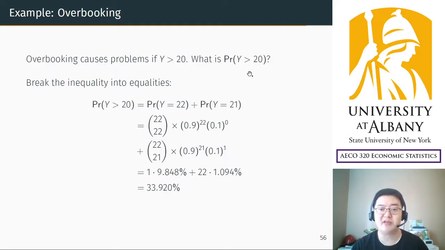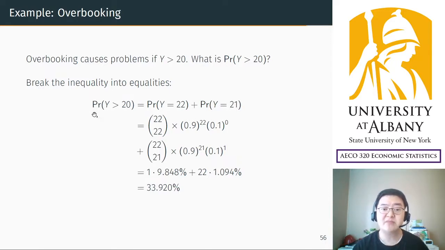What is the probability of the trouble? What I want to explain here is the probability with an inequality. What is the probability of Y greater than 20? There is no direct way. The only way to calculate this is to break down this inequality into single equalities.